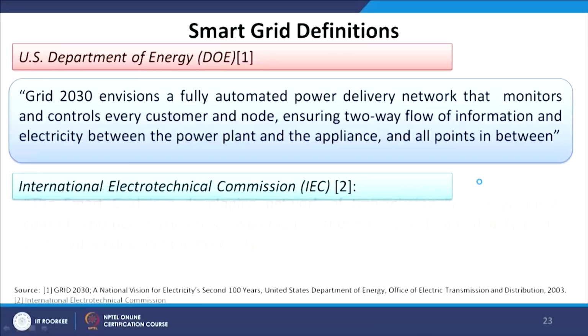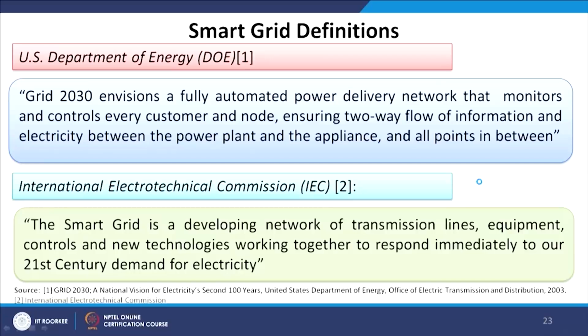Now, based on the International Electrotechnical Commission, IEC, the smart grid is a developing network of transmission lines, equipment, controls and new technologies working together to respond immediately to our 21st century demand for electricity.